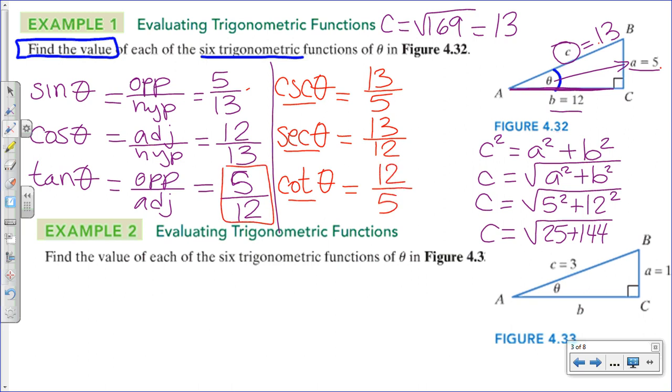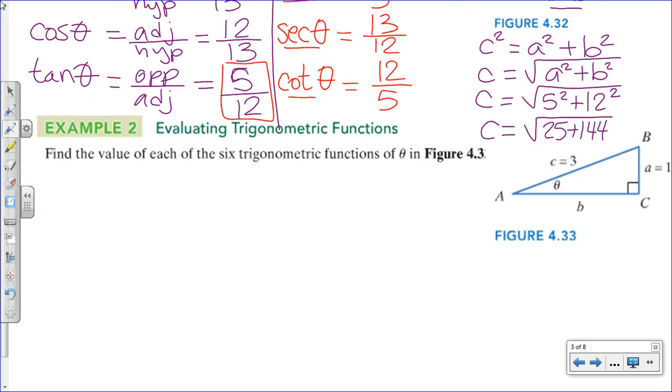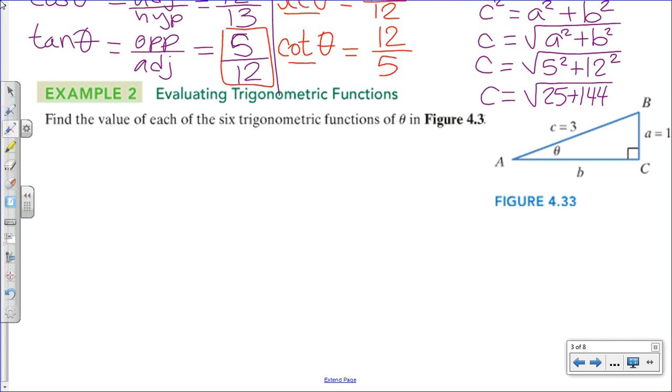All right. Now I want you guys to do the next one, but you will find the 6 trigonometric ratios. But before that, let's just go ahead and figure out what b is equal to. Now if we were to start with the Pythagorean Theorem, which is a squared plus b squared is equal to c squared, and we want to solve for b in this case.